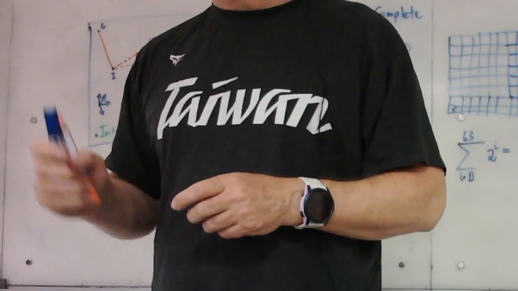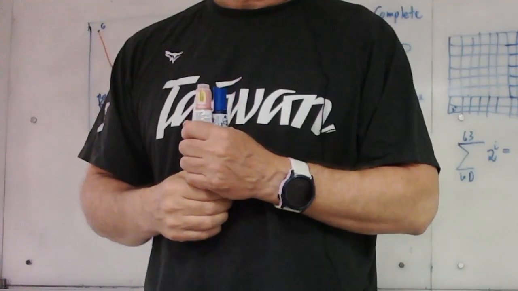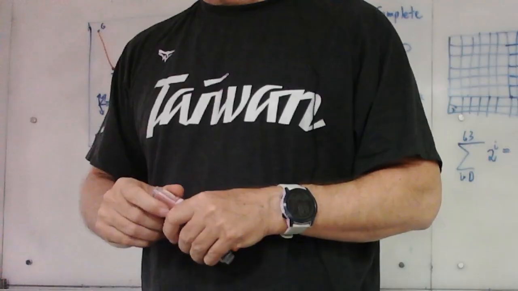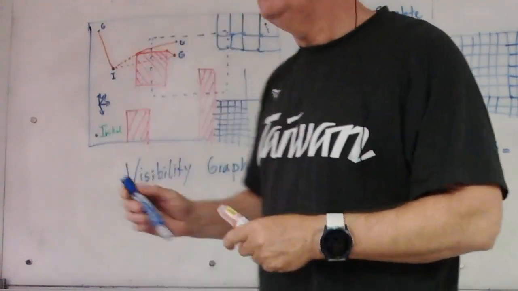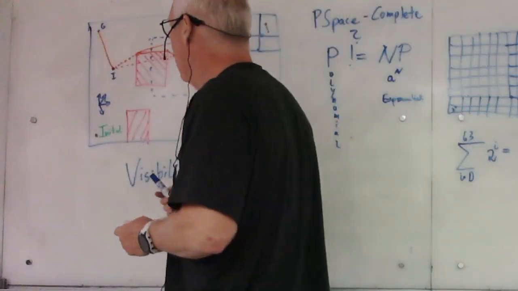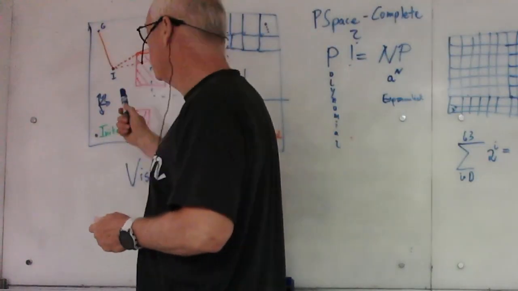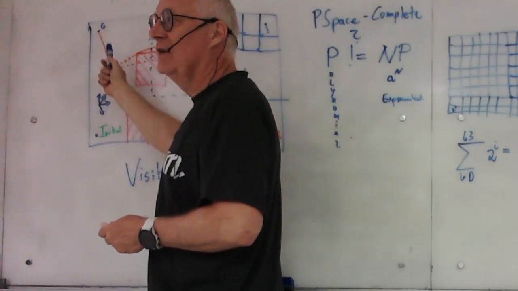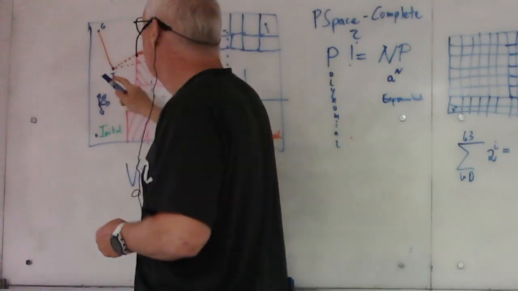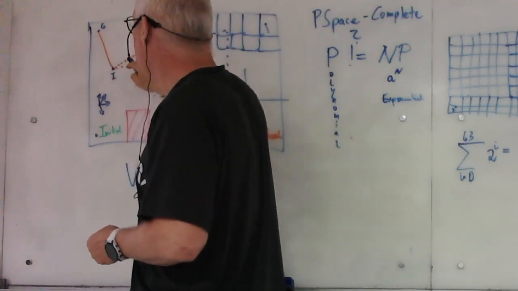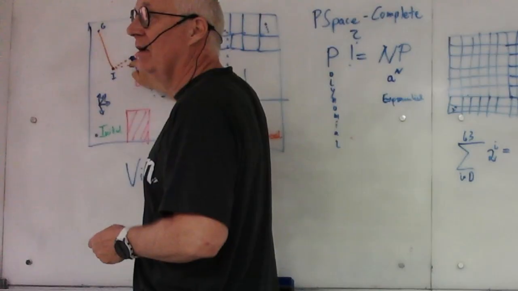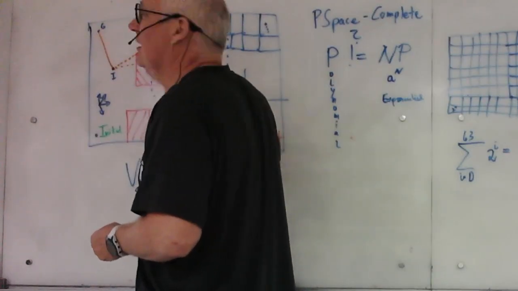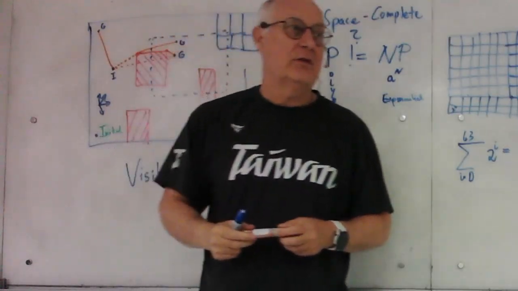So this is basically what the visibility graph theorem proves. It says that the optimal path will always be either from the initial state to the goal state in a straight line, or a straight line from the initial state to some vertex, following along an edge, or continuing, and then going to the goal state.